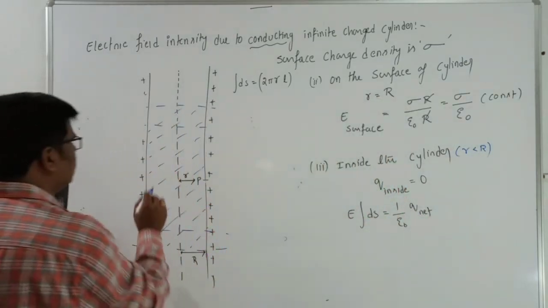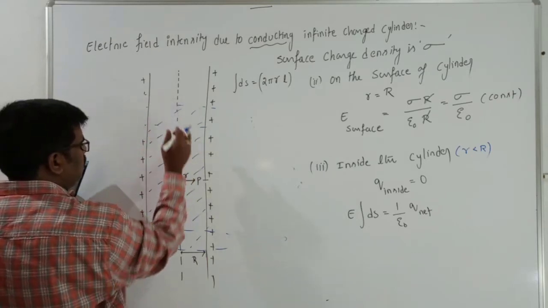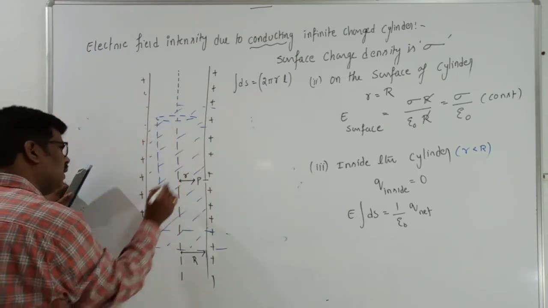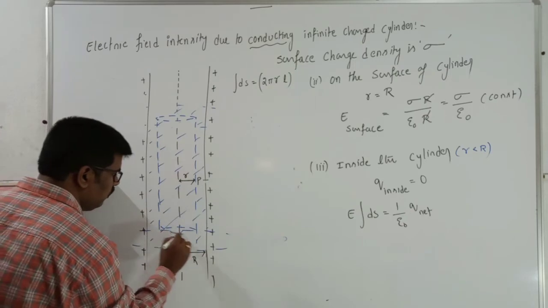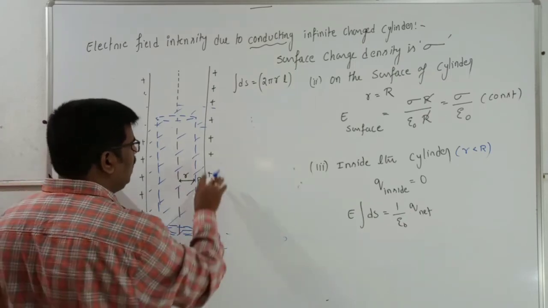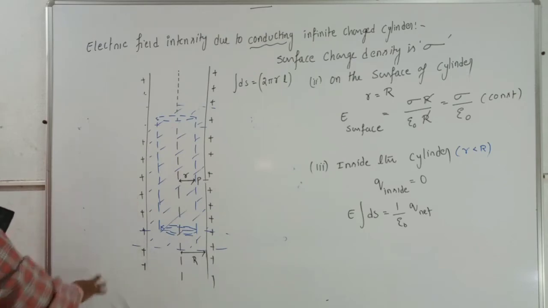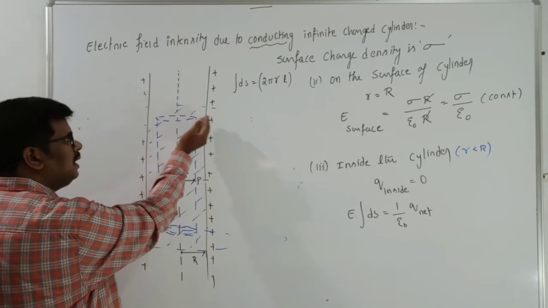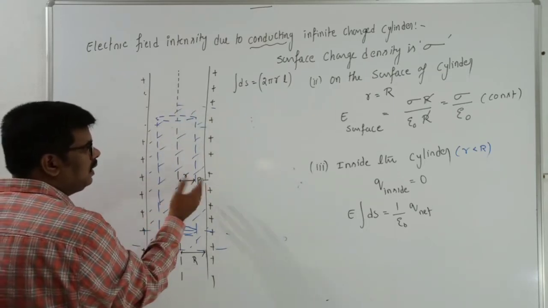Now I am constructing this much of Gaussian surface like this. Now you observe, earlier the Gaussian surface was present outside, that's why it enclosed some charge. But when you are finding the electric field inside, the Gaussian surface is inside the cylinder, which means inside charge is 0.